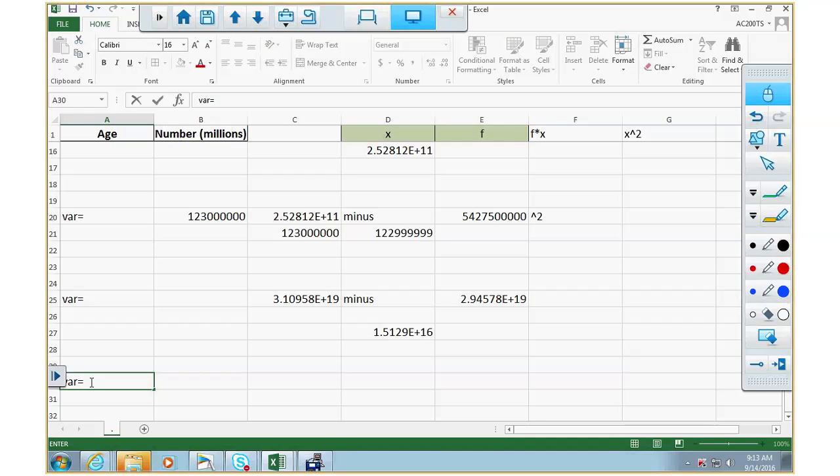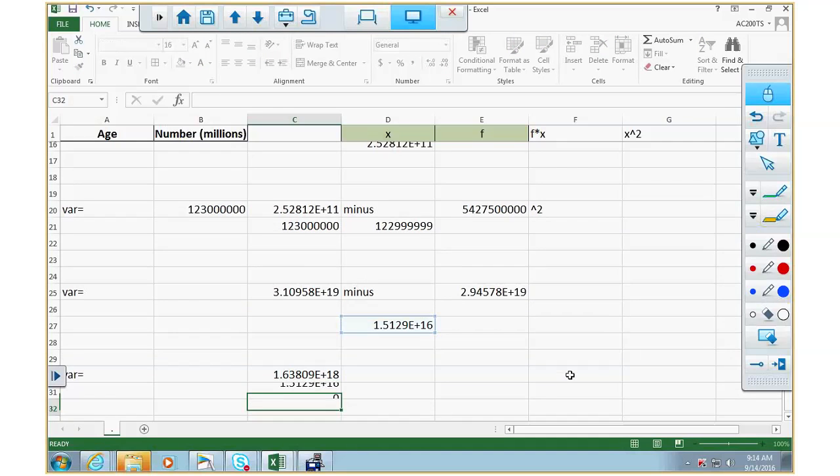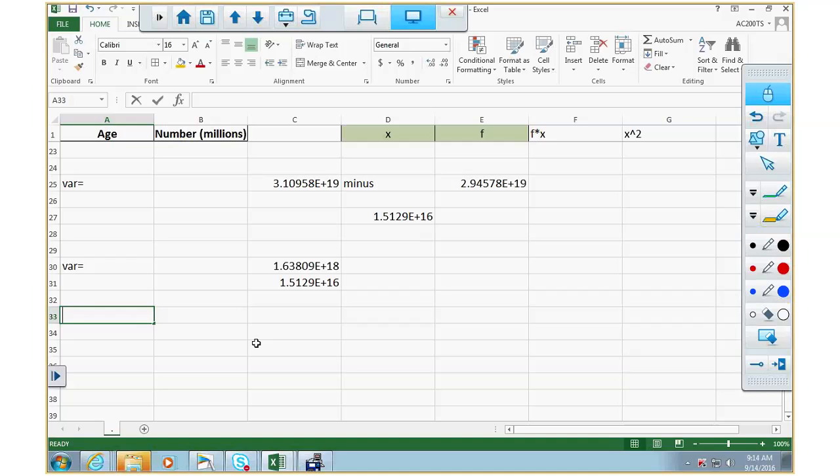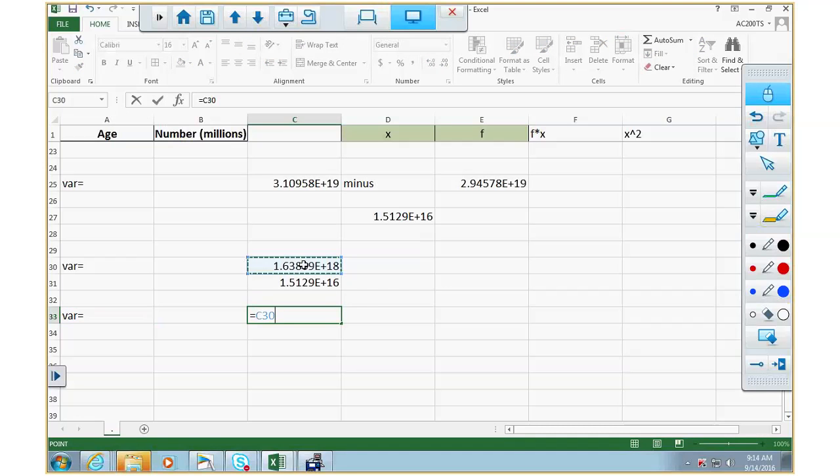Variance is equal to this number minus this number, divided by this number. Variance is equal to this number divided by this number.